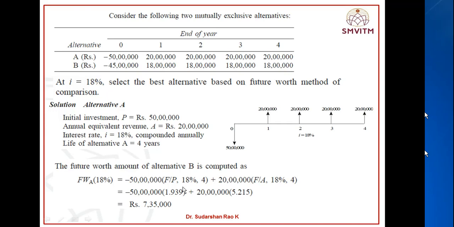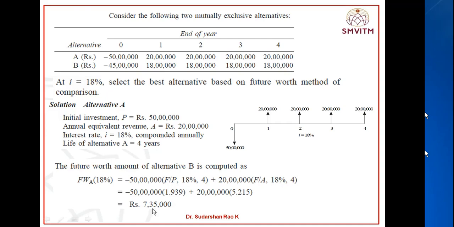From the table, the factor F by P 18% 4 is 1.939 and F by A 18% 4 is 5.215. Therefore, the future worth of alternative A is 7,35,000 rupees.